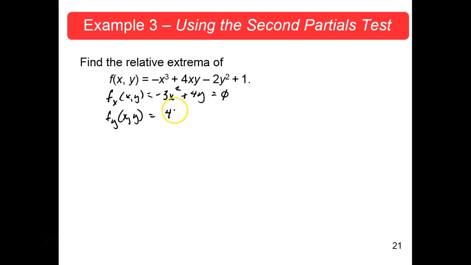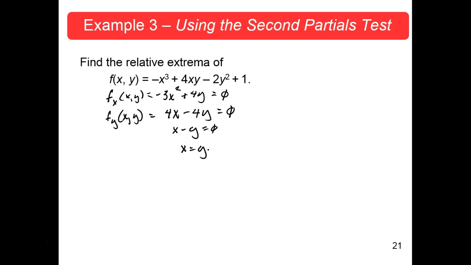4x minus 4y. Perfect. And you set that equal to 0. Well, obviously, you can factor out a 4 there and just have x minus y equals 0, or x is equal to y.